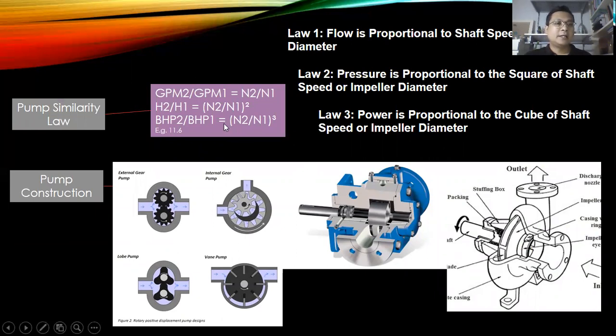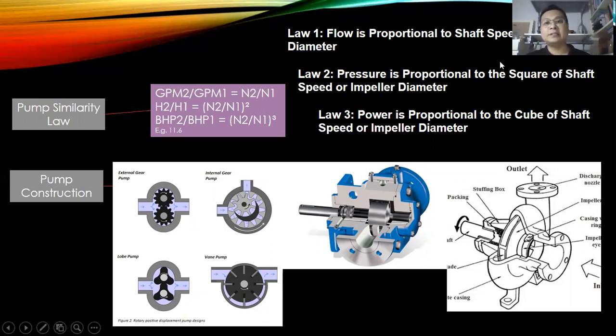And for the pump system, we actually have the pump similarity laws. We have three. The first one: flow is proportional to shaft speed or impeller diameter. So we can calculate speed 1 over speed 2 equal to impeller diameter 1 over diameter 2.